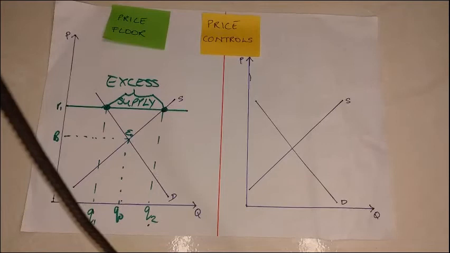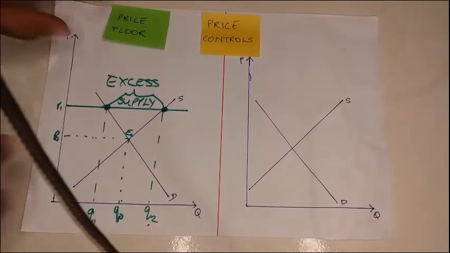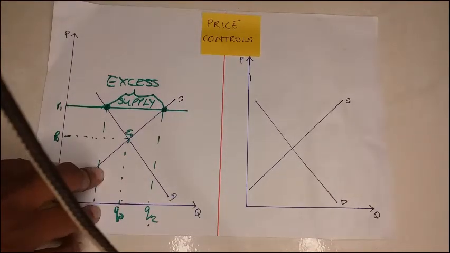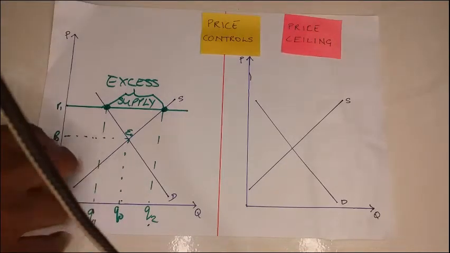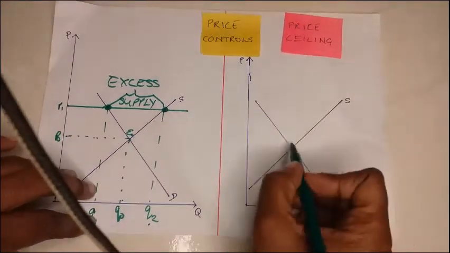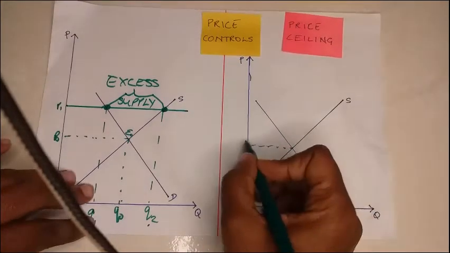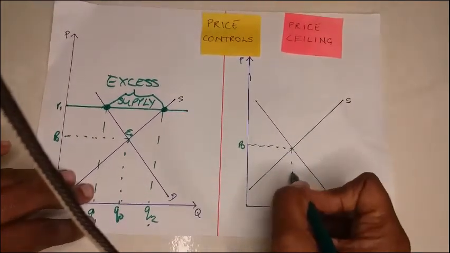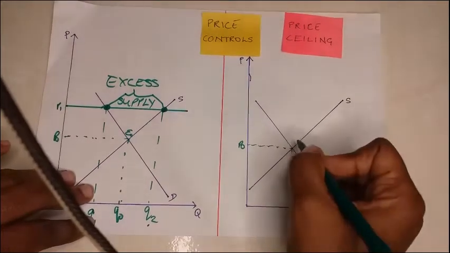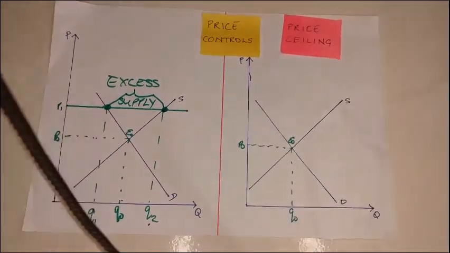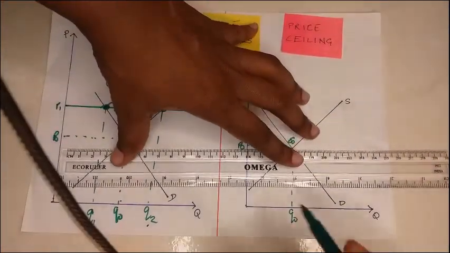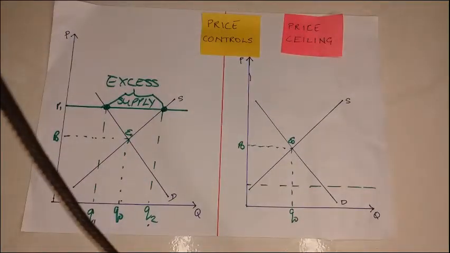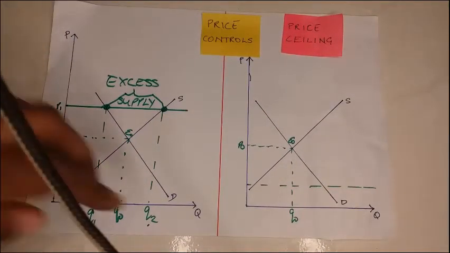The second price control that we're going to look at would be price ceilings. And a price ceiling occurs below the equilibrium point. So again, if you have an equilibrium situation such as P0, Q0, our price ceiling will occur below the equilibrium point.